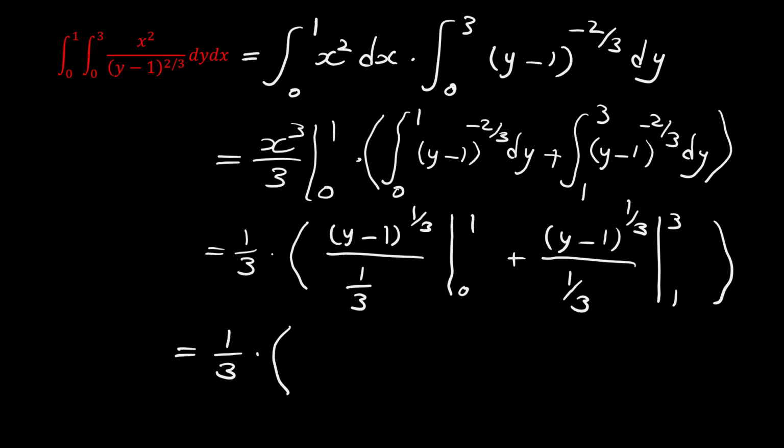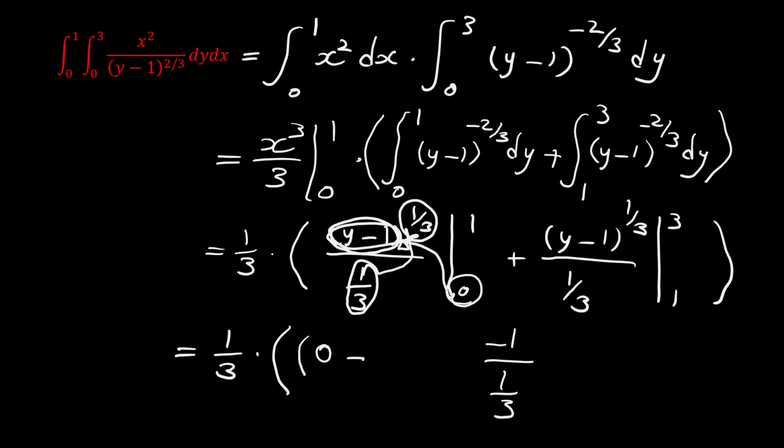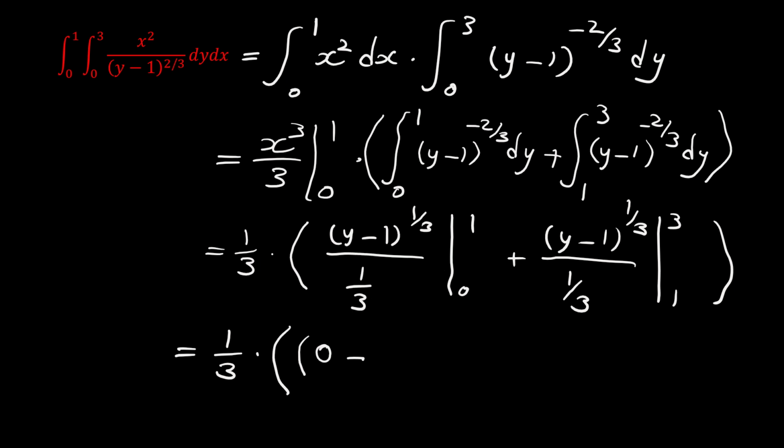So let me write it step by step. When we plug in 1 in this expression, this would be 0, minus, when we plug in 0, negative 1 to the power of 1/3, which is negative 1 over 1/3. Negative 1 over 1/3 is negative 3. So we have negative 3, plus, now we plug in 3 and 1.